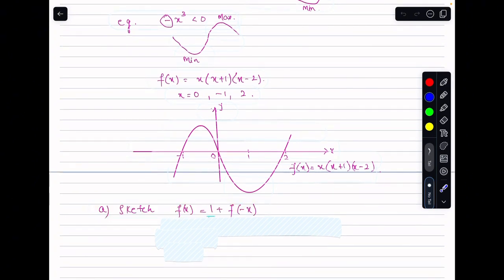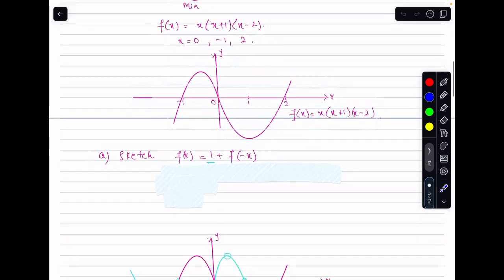Now for this function, part A says sketch the graph for f of x equal to 1 plus f of minus x. So this one here means that it is the translation in the y-axis. We know from the previous video when we did the transformation for translation that the constant in the function or the equation is always going to give us the translation along the y-axis, meaning how the graph or the sketch or the function is going to shift in the vertical direction.